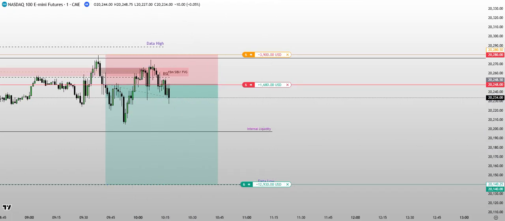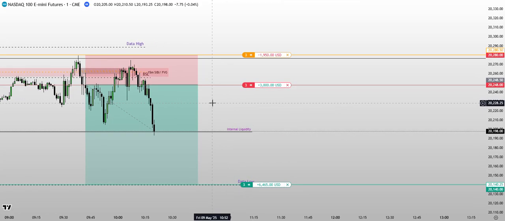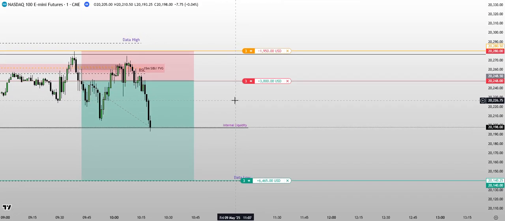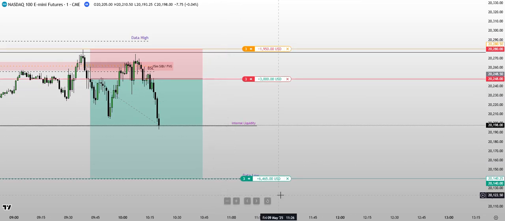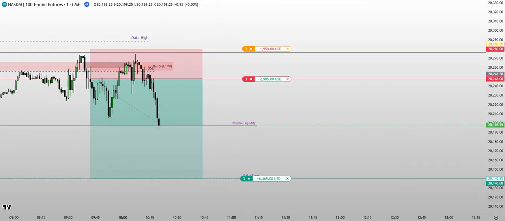And I like the objectives, plus what the higher time frame was telling me. Now, the delivery itself is brutal. Right, so it is what it is. But yeah, that's just a risk you have to be willing to take. So what I'm going to do here is ride this to either data low, or we'll see how we manage this trade. We're going to just let things go. I want to see how price reacts to this internal liquidity.